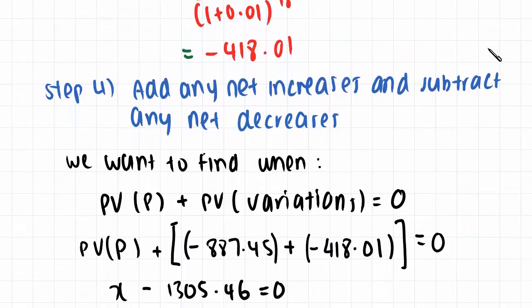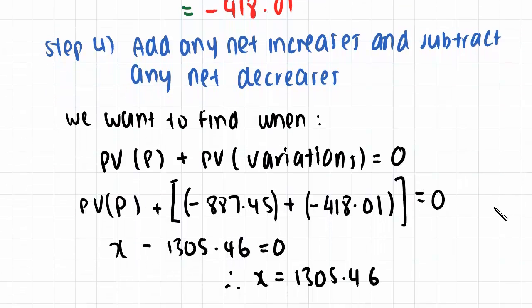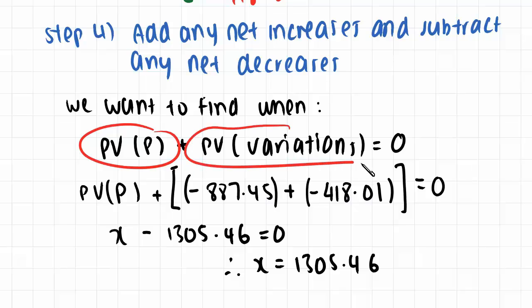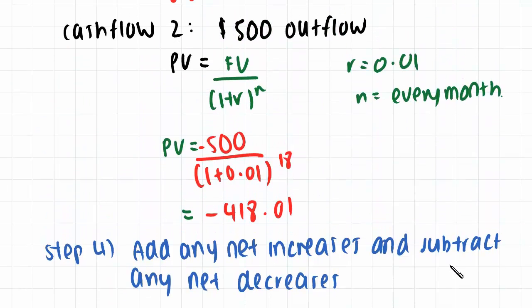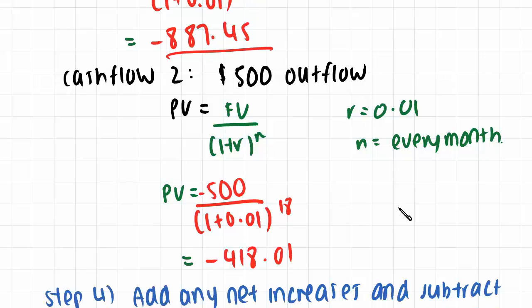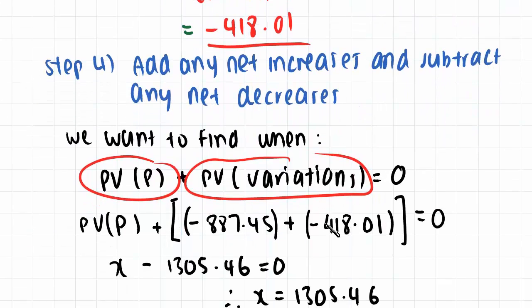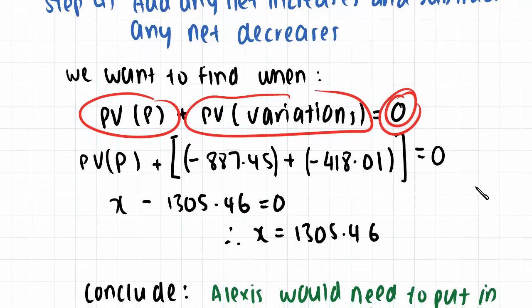So then after that, we add any net increases and subtract any net decreases. So we want to find when the present value, or P, plus the present value of variations that we have here, so minus 887.45 and minus 418.01, equals 0, when our account balance completely offsets the actual transactions in the future.